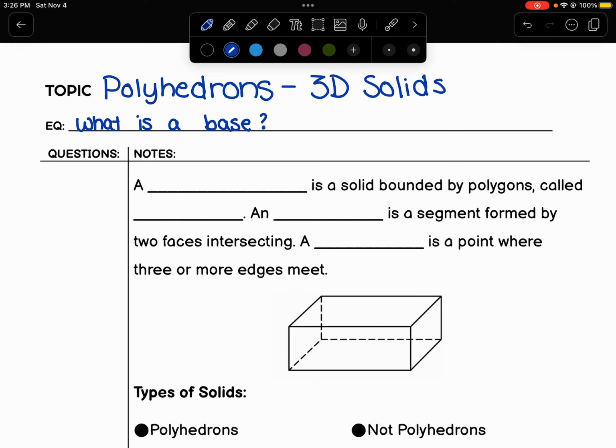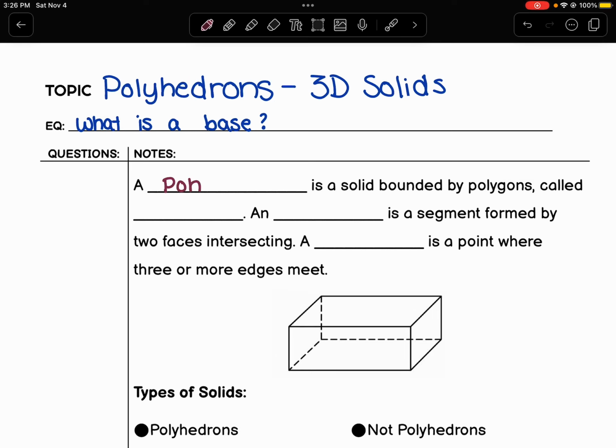We're going to start off by defining a polyhedron. What is a polyhedron? A polyhedron is a solid bounded by polygons.